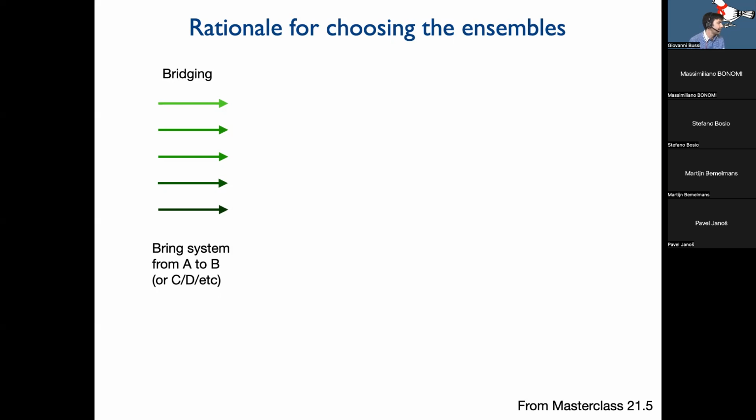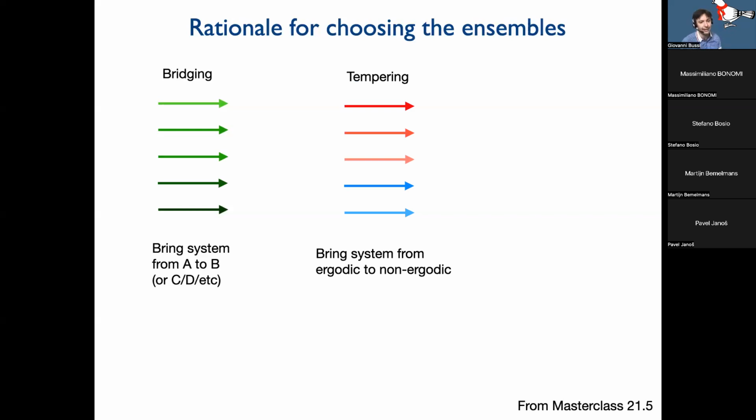In some cases, you want to just bridge your system from state A to a state B, or you could even have a graph of different states connected. Let's say at one end of the ladder you have a system of interest, at the other end you have another system of interest, and you want to convert from one to the other.